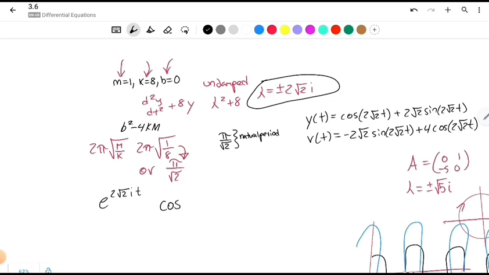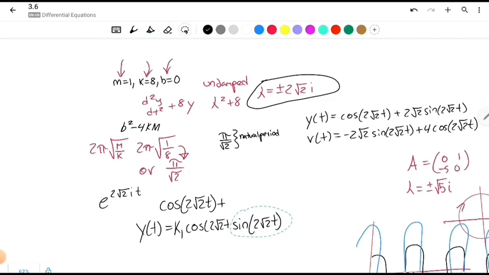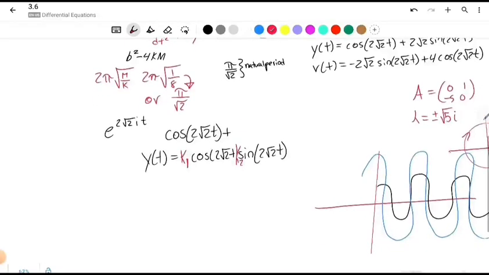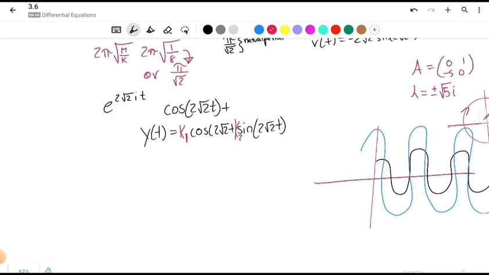Cosine of 2 square root 2, so the i goes away. y of t is equal to k1 cosine of 2 square root 2 t plus k2 sine of 2 square root 2 t.